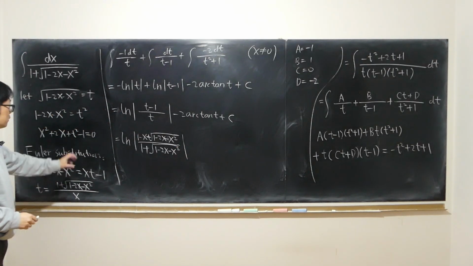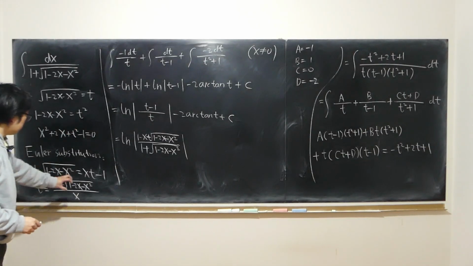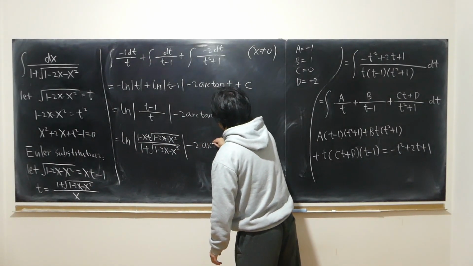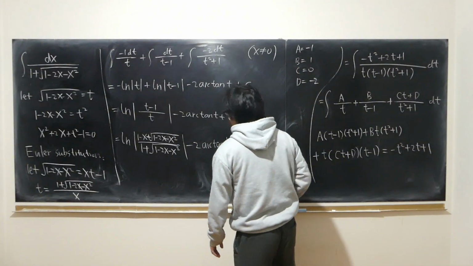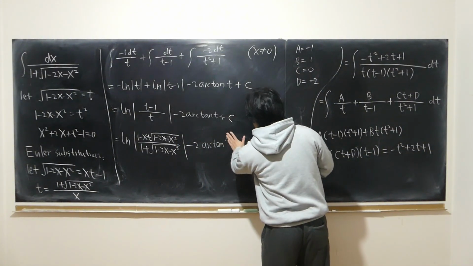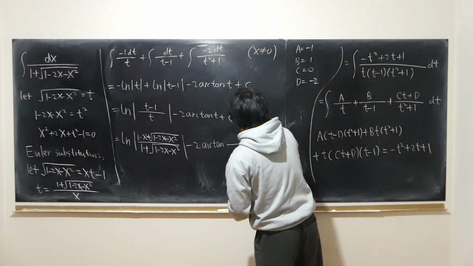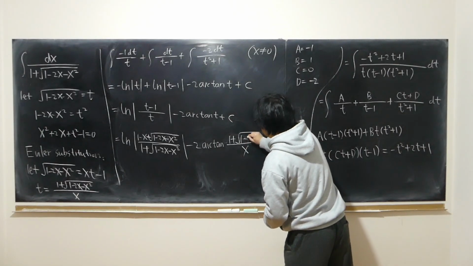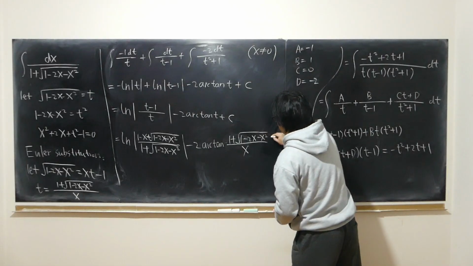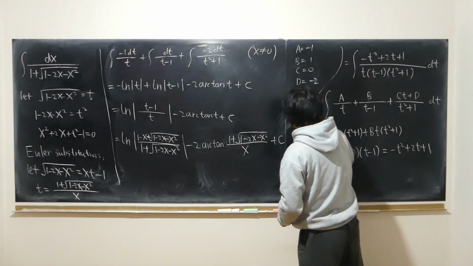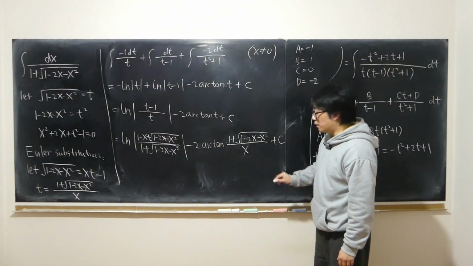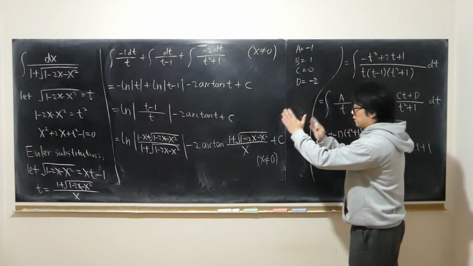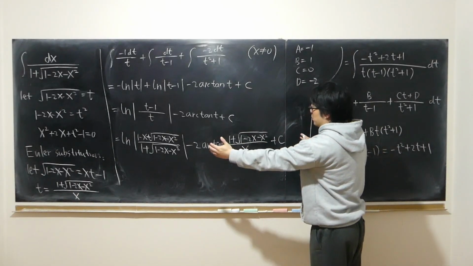So t minus 1 over t, flip this one, x will cancel out. Minus 2 arctangent t plus c. Of course, t is now 1 plus the square root of 1 minus 2x minus x squared over x, plus c. Here x does not equal 0, which means this is my antiderivative, my primitive.